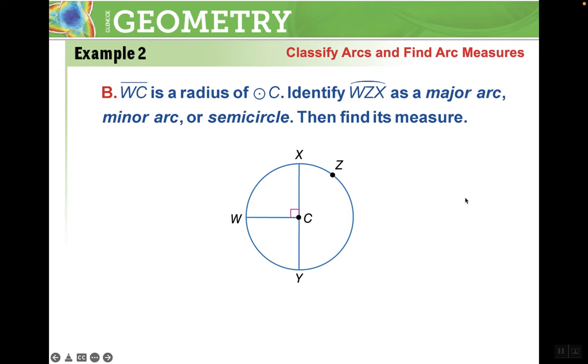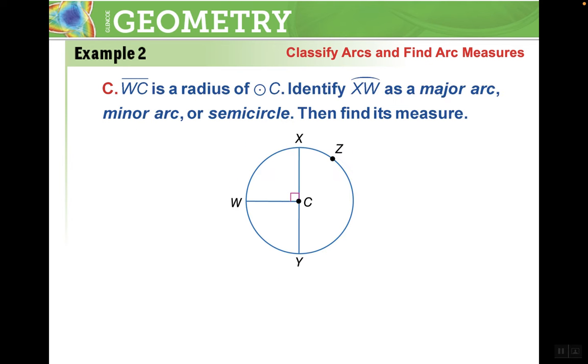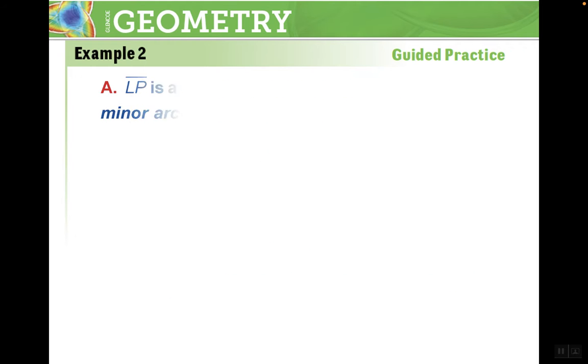Arc WZX goes this way, so we have 3/4 of the circle, which is 270 degrees, and that is a major arc. And then they have arc XW, which is just this part right here. As you can see, this is a 90-degree central angle. Therefore, the minor arc is going to be 90 degrees.